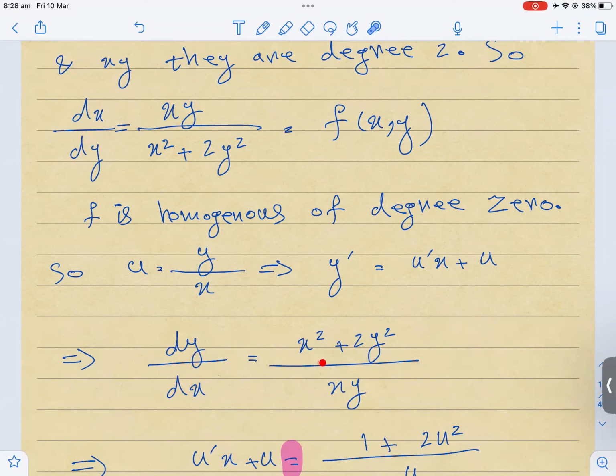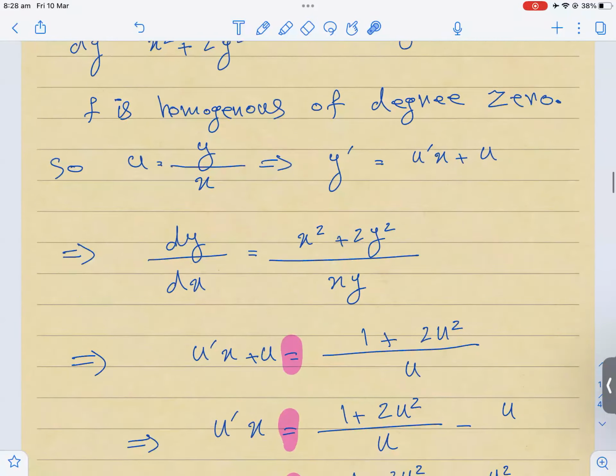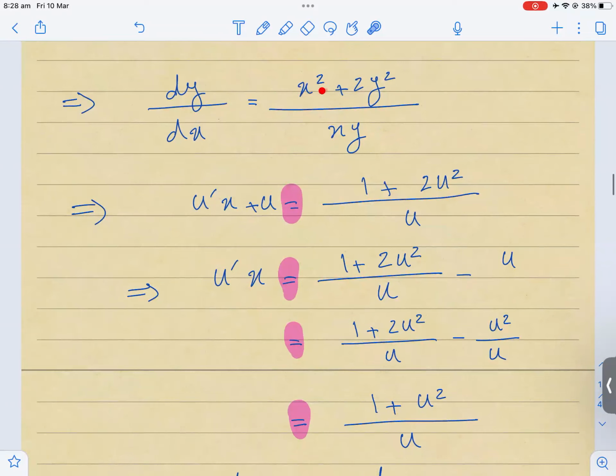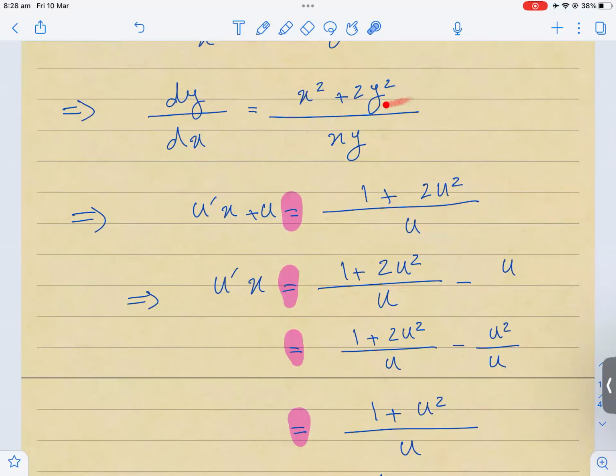In fact, I missed seeing this one at first, so I rewrote it again here. Y prime equal x squared, I inverted the fraction. So instead of y prime, again, u prime x plus u. So x squared here. Instead of y, I will put u times x.